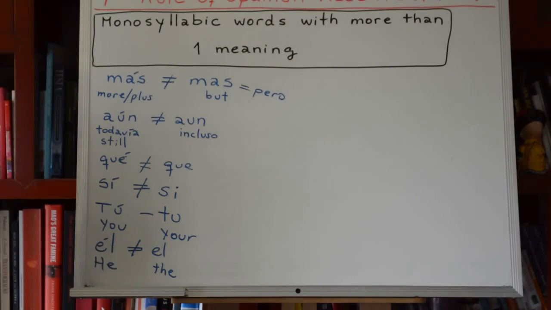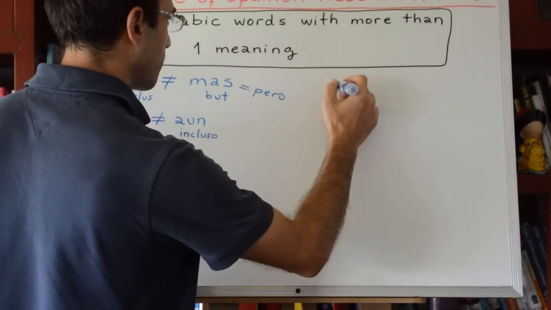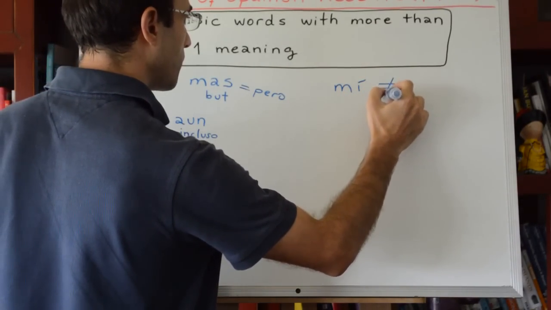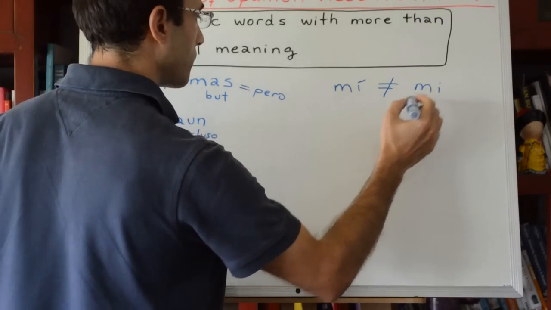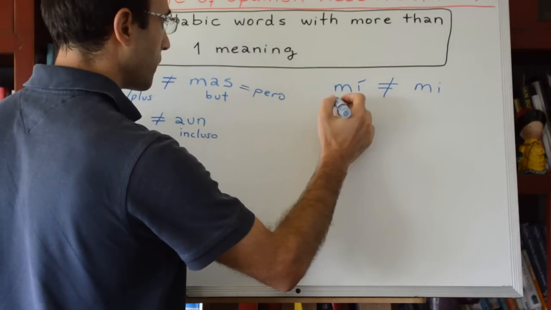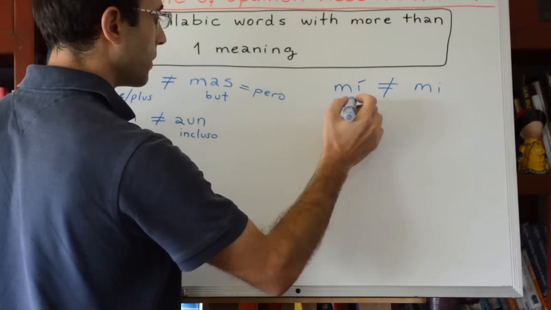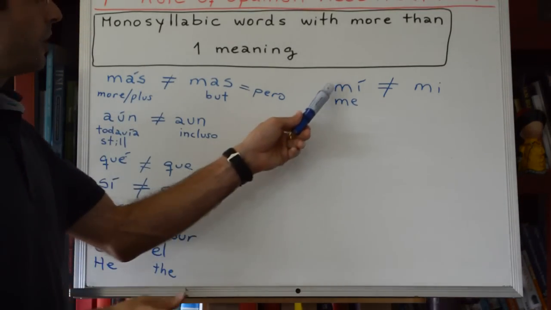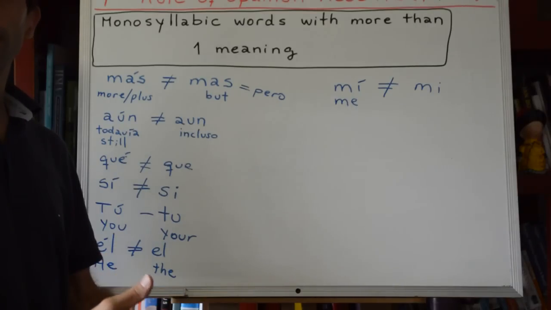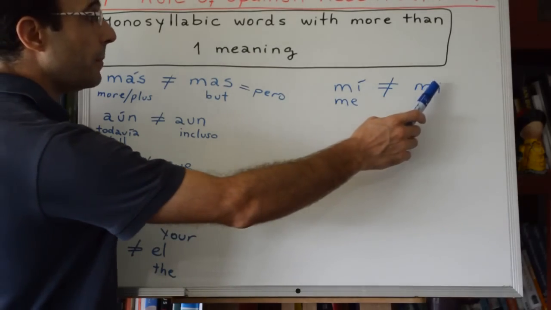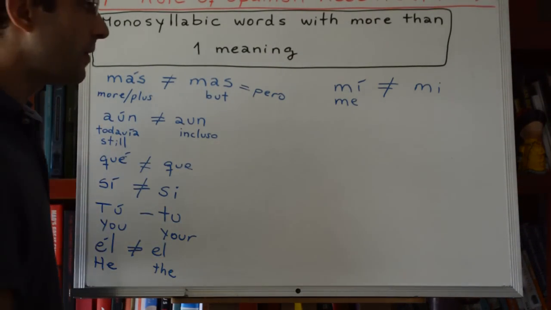Let me think of some other example. Mí and mi, for example, right? Mí here means me. Like, for example, esto es para mí. Esto es para mí. This is for me. Esto es para mí, with a tilde. Now, mi without the tilde means my.